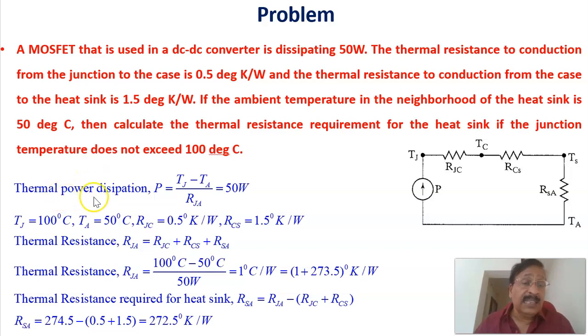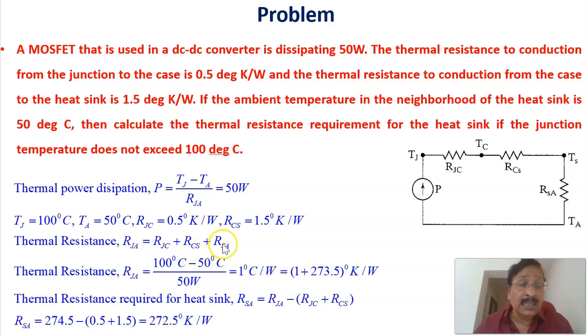Now, the thermal power dissipation P is given by Tj minus Ta divided by Rja. Therefore, here P is given by Tj minus Ta divided by the total thermal resistance. Tj equals 100 degree centigrade and Ta equals 50 degree centigrade. Rjc is 0.5 degree Kelvin and Rcs is 1.5 degree Kelvin per watt.